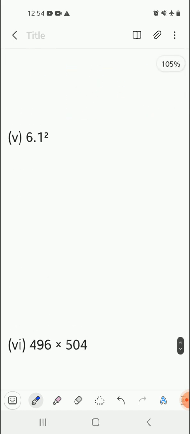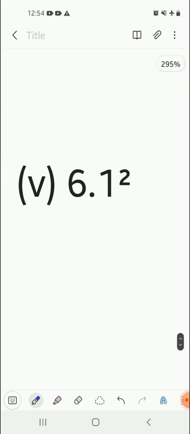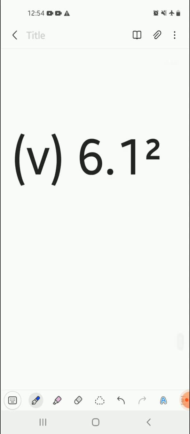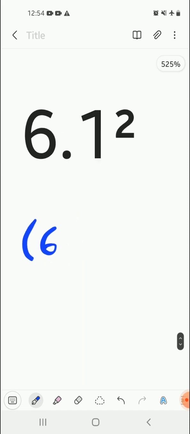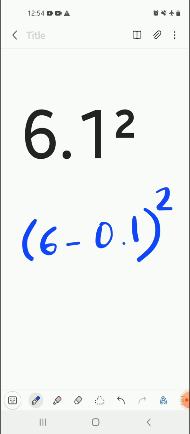Moving on, number 5, 6.1 whole square. So we can write it in this manner: 6 plus 0.1 whole square.